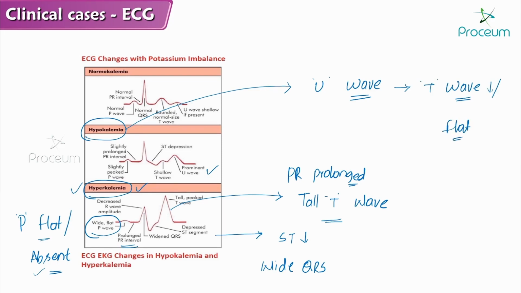That is what you will see in hypokalemia. What are the other changes? There will be ST segment depression and slight PR prolongation, and the P wave will be a peaked P wave. So this is exactly opposite to hyperkalemia. These are the differences between the ECG changes in hyperkalemia and hypokalemia.